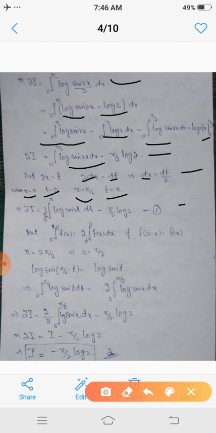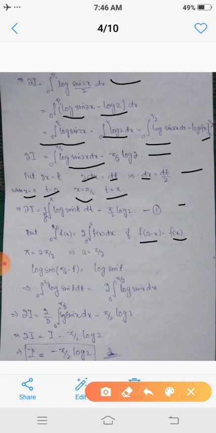But we know that the integral 0 to 2a f(x) is 2 times the integral 0 to a f(x) dx if f(2a minus x) is f(x). Here pi can be written as 2 times pi by 2, that means this pi is actually 2a, where a is pi by 2. And log sine(pi minus t) is log sine t.